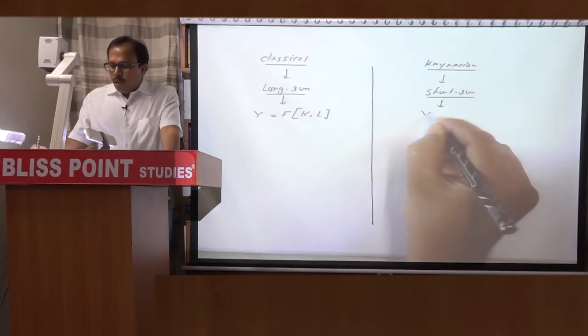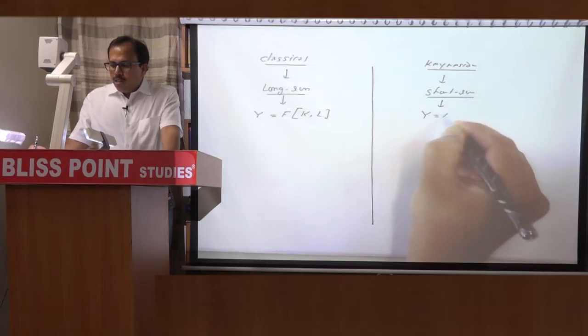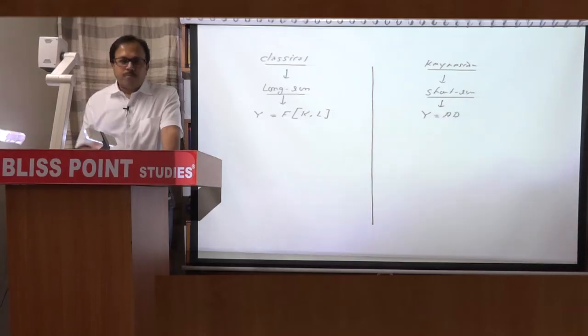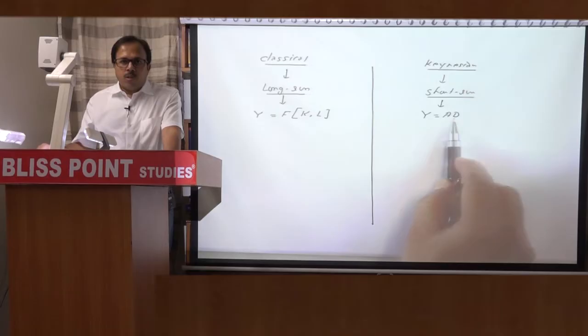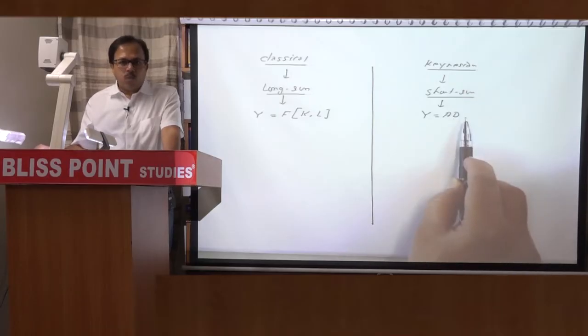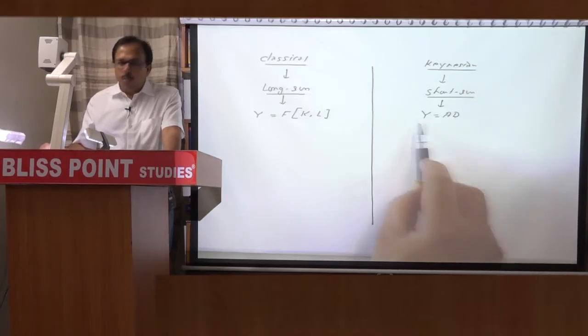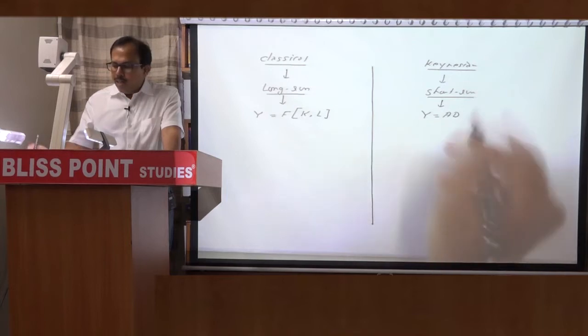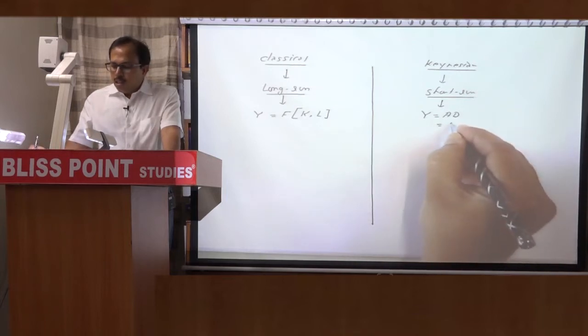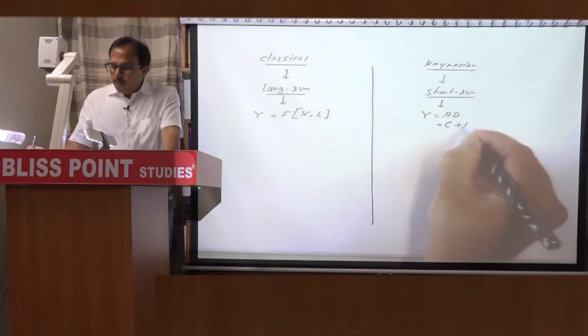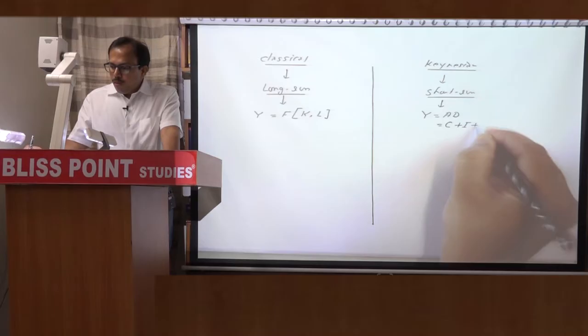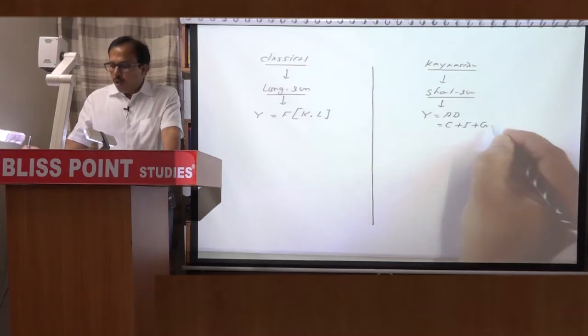In the Keynesian model, it will be written as output is determined by aggregate demand. So this approach says that output is a function of aggregate demand. When aggregate demand increases, there will be more output. And aggregate demand means consumption spending by households, investment spending by firms, government spending by government, and in an open economy, net exports also.